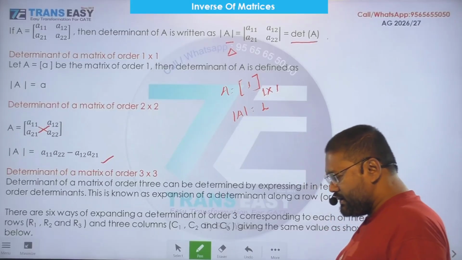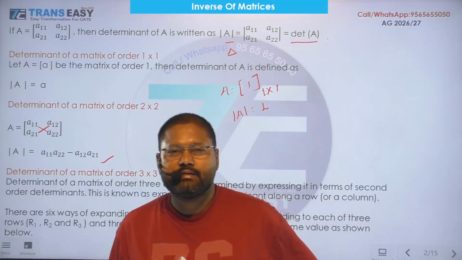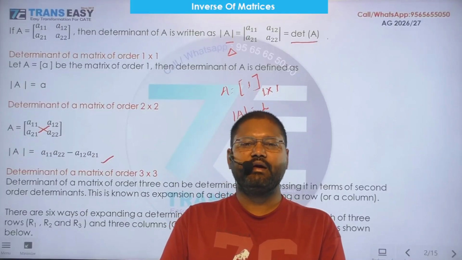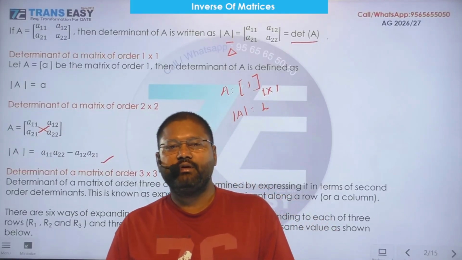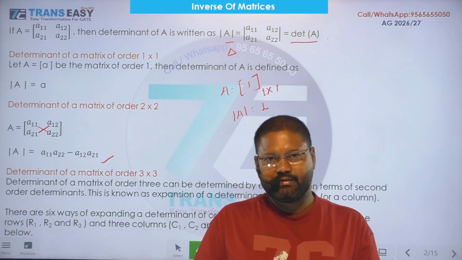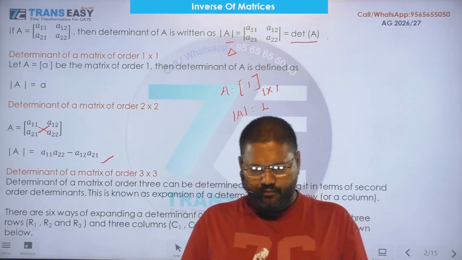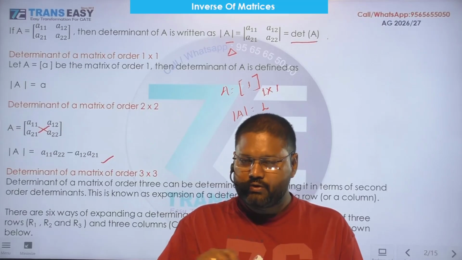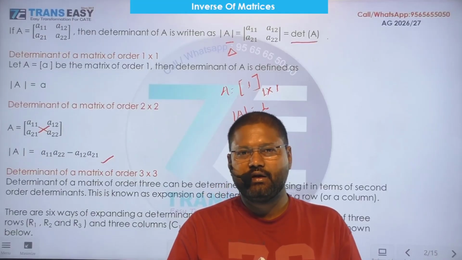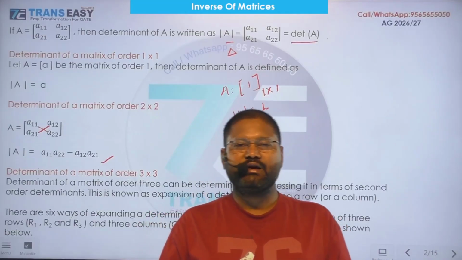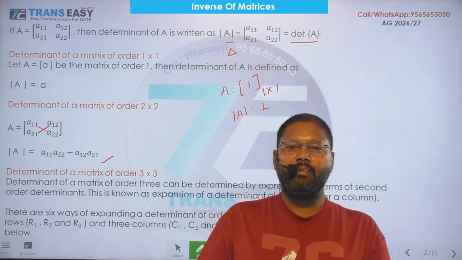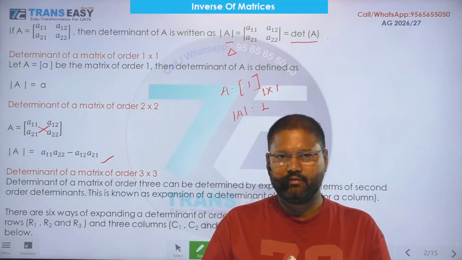So dear students, for 3 is to 3 order matrix we have 3 rows and 3 columns, so we can take expansion of determinant of 3 is to 3 order matrix along 3 rows and 3 columns. So we have total 6 ways to expand determinant of matrix of order 3 is to 3, right?